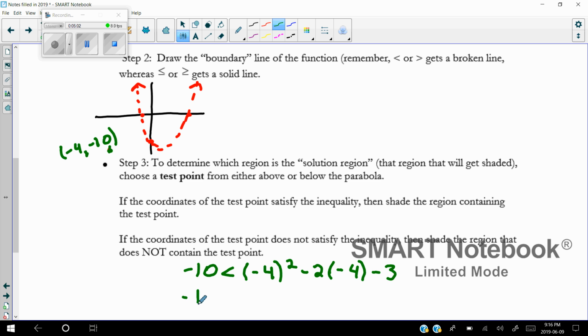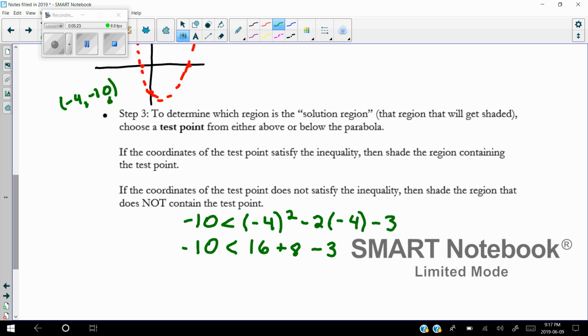At this point, you can either type it in your calculator or do some mental math: 16 plus 8 minus 3. So we get -10 is less than 21, and this is a true statement. What that tells us is that this is a correct solution.